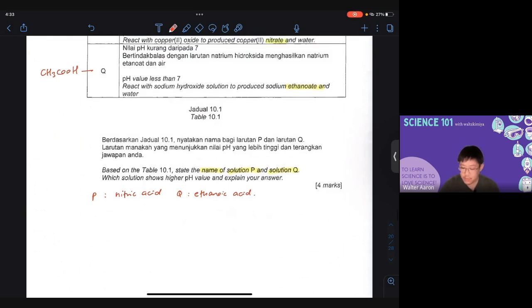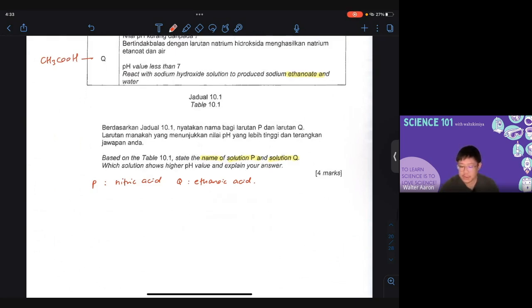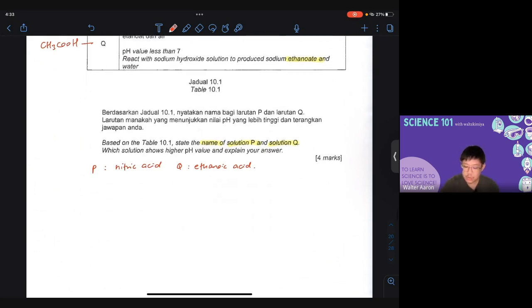All right, and then we have, okay, which one has a higher pH value? Explain your answer. So Q, okay, Q has a higher pH value compared to P. Why? Because Q is a weak acid.